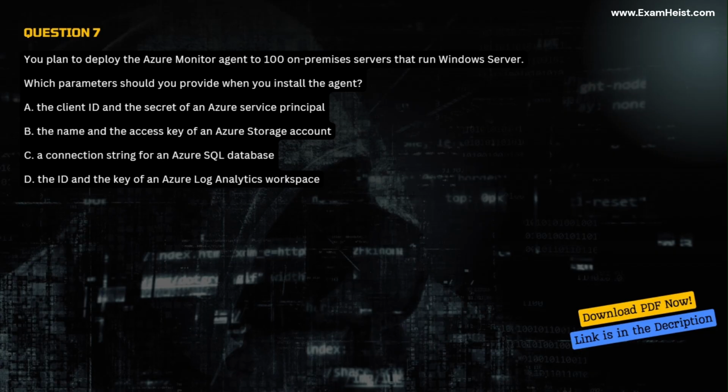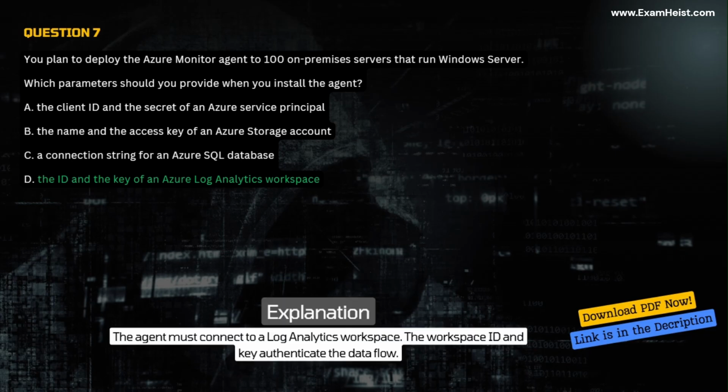C. A connection string for an Azure SQL database. D. The ID and the key of an Azure Log Analytics workspace. Correct answer D. The ID and the key of an Azure Log Analytics workspace. Explanation. The agent must connect to a Log Analytics workspace. The workspace ID and key authenticate the data flow.